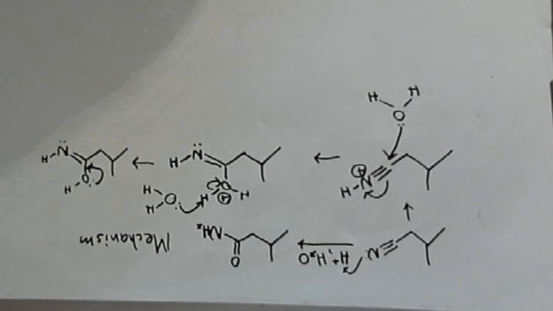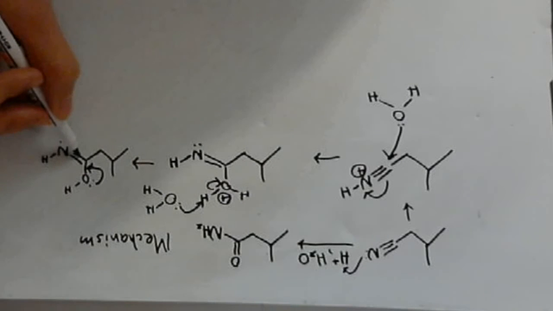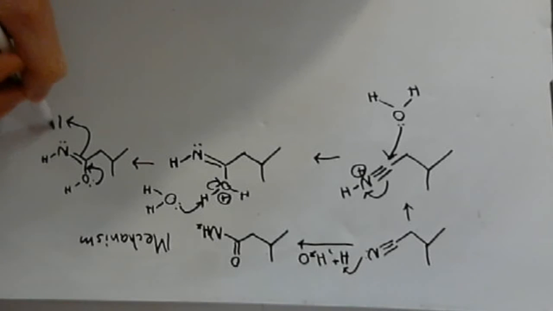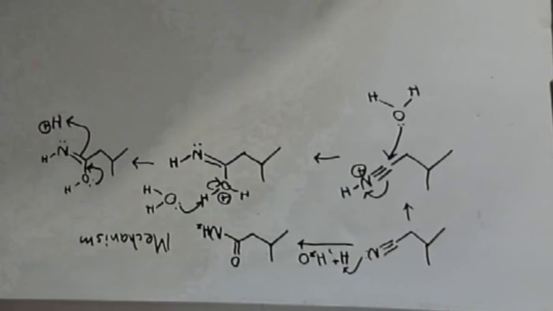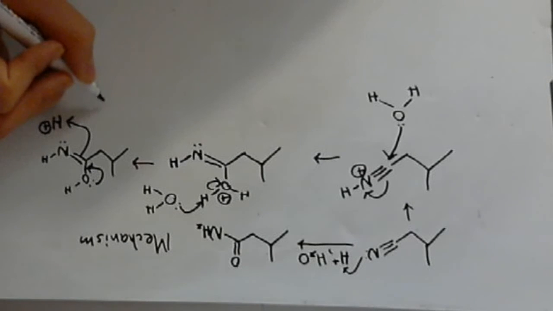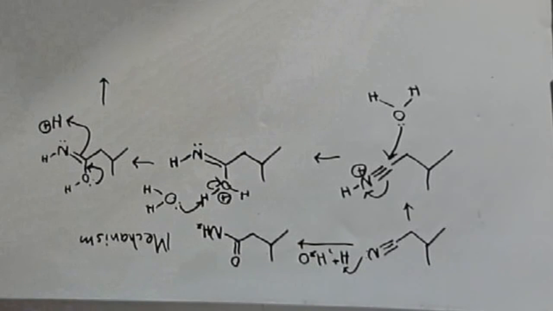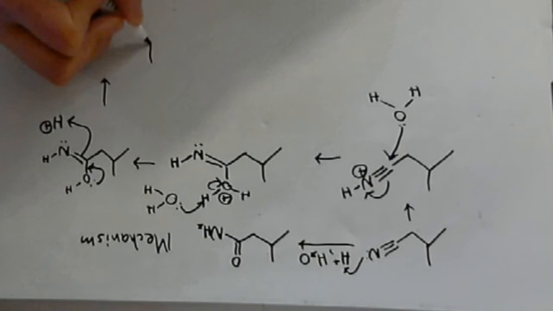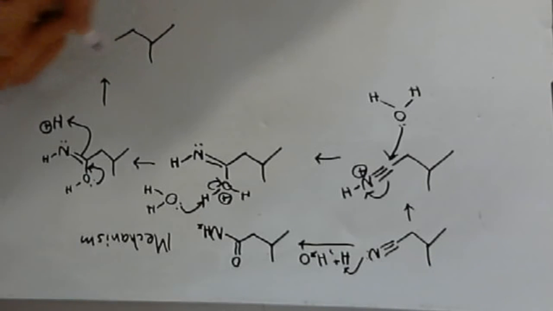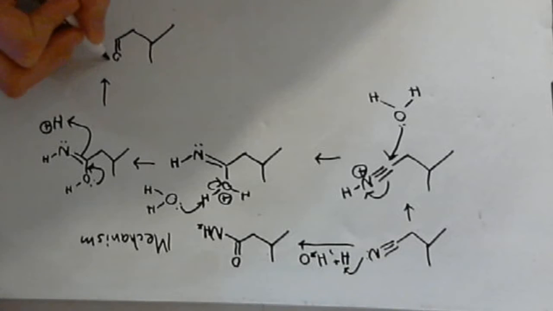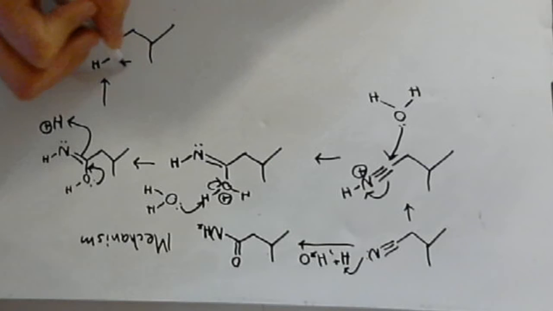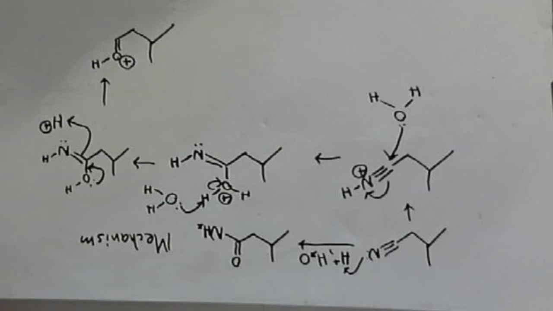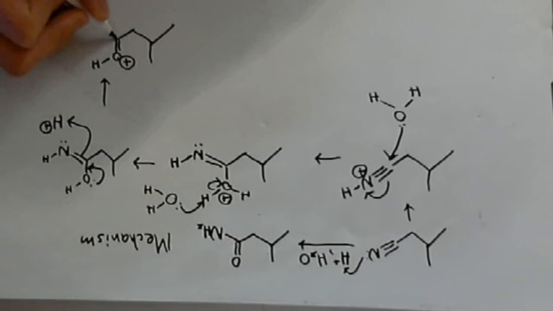The lone pair's electrons come down, and this double bond will go grab another proton. And so what do we get when that occurs? This part of the molecule is the same. You get a double bond O and an H, so that's a positive charge. And now we get an NH2.